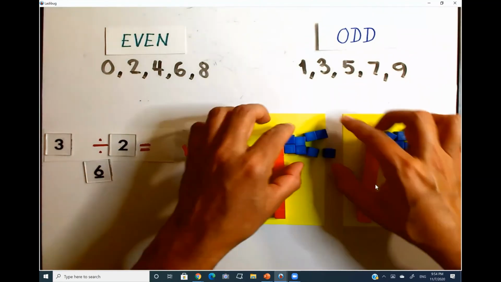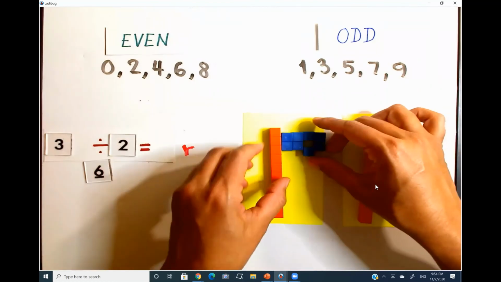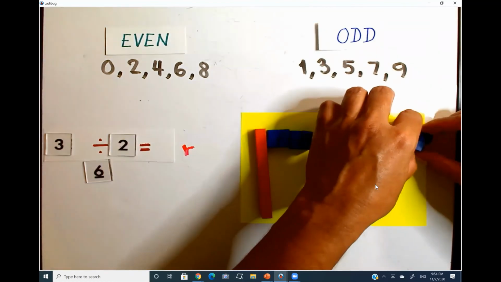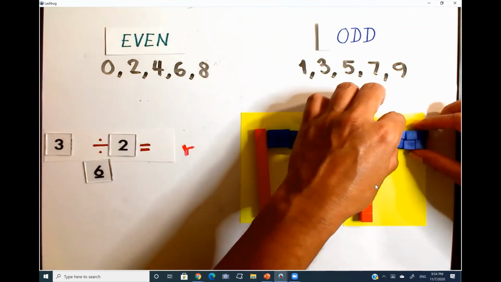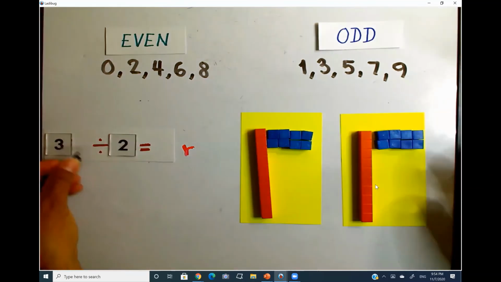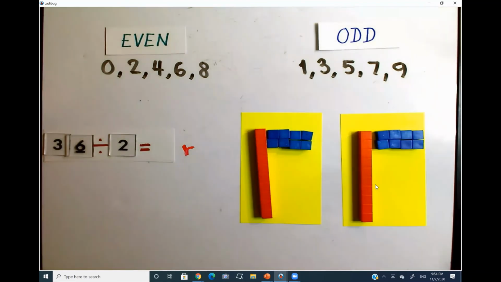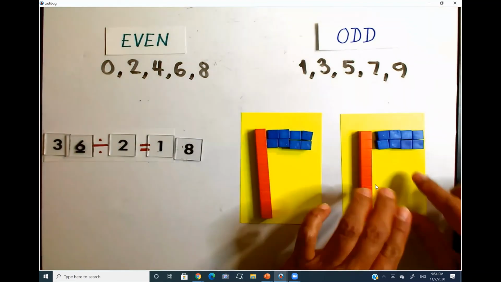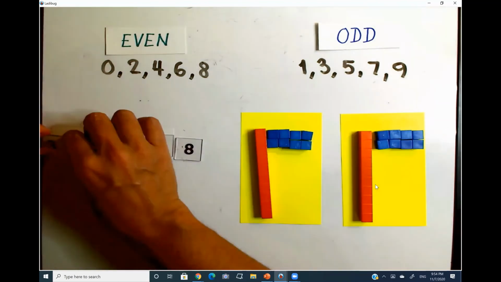Now when we put them together, we're going to notice that we have 18 in this group and 18 in this group. So we can divide equally the number 36 into two groups, and the answer is going to be 18. So because I was able to divide it into two groups, I know now that 36 is an even number.